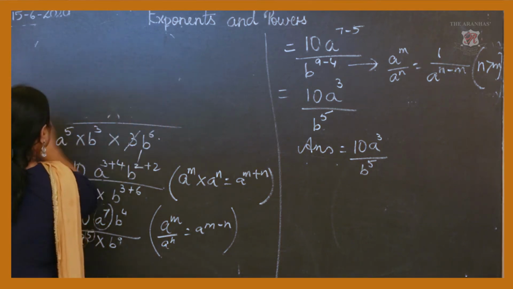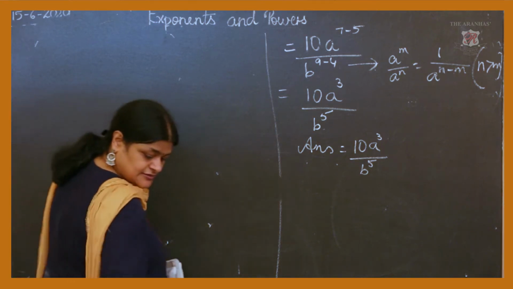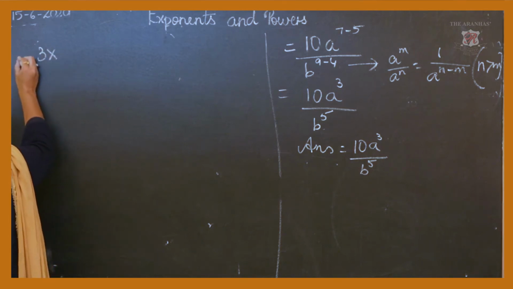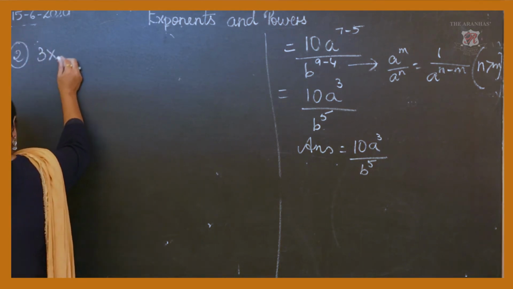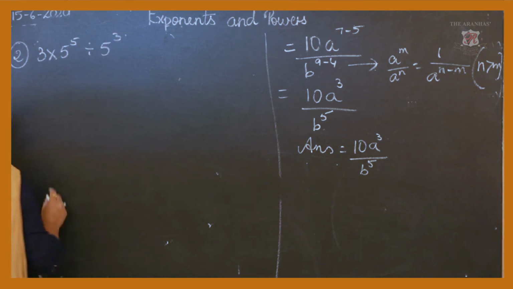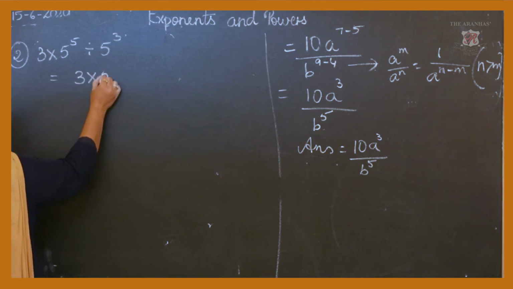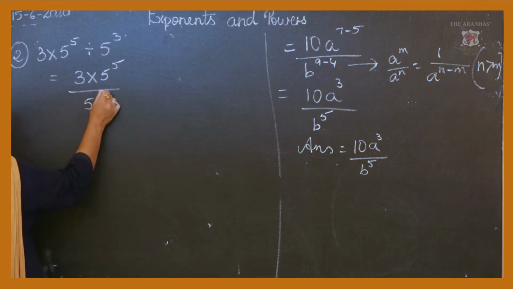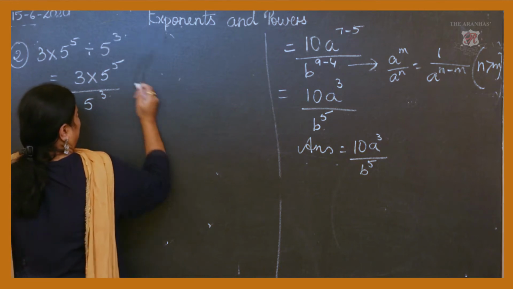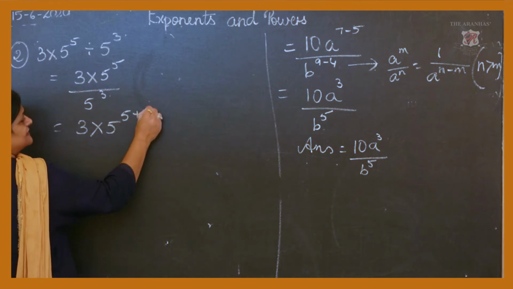Now a simple sum one we will take of the simplification. You have got 3 into 5 to the power of 5 divided by 5 to the power of 3. So now first you are going to write 3 into 5 to the power of 5 upon 5 to the power of 3. So here it will be 3 into 5 to the power of 5 minus 3.